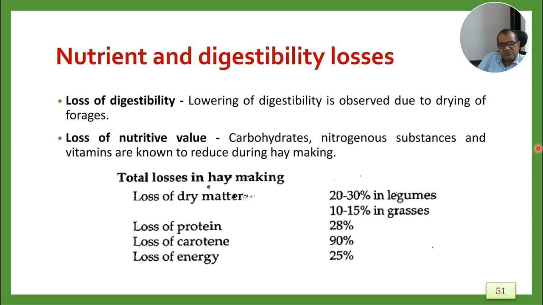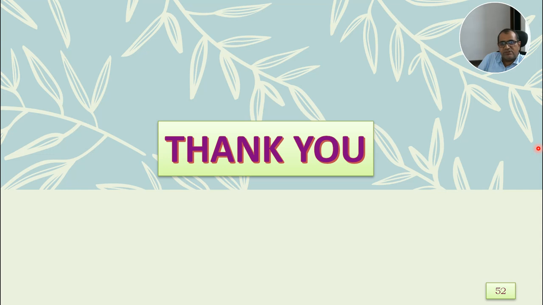Carbohydrates, nitrogenous substances, and vitamins are known to reduce during the hay making process, with loss of dry matter to the extent of 20 to 30% in legumes, whereas it is 10 to 15% in many of the grasses. Loss of protein is 28%, loss of keratin is highest at 90%, and loss of energy is up to 25%.